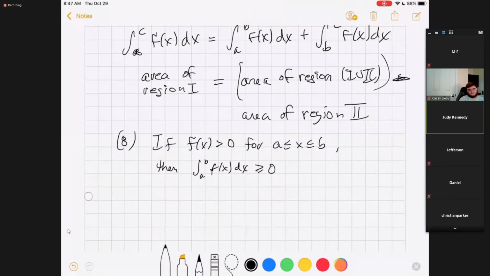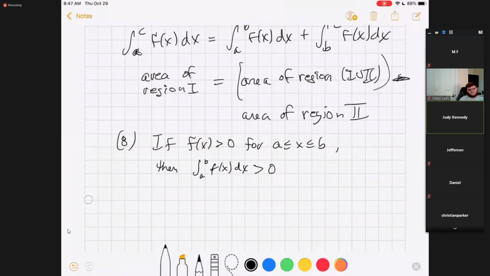Okay. And in fact, unless a is equal to b, that number is positive. Okay, let me just write that. Because we already know what happens if a is equal to b.